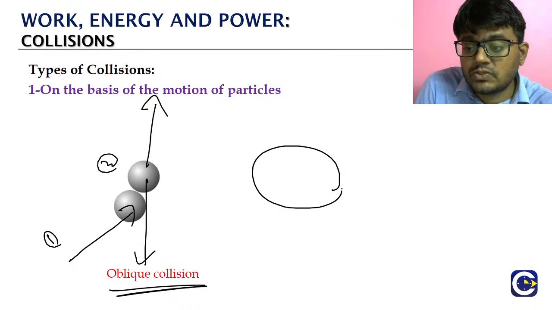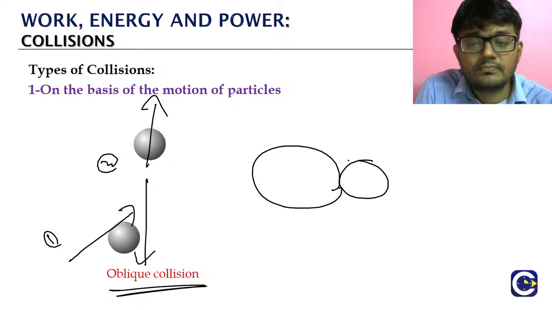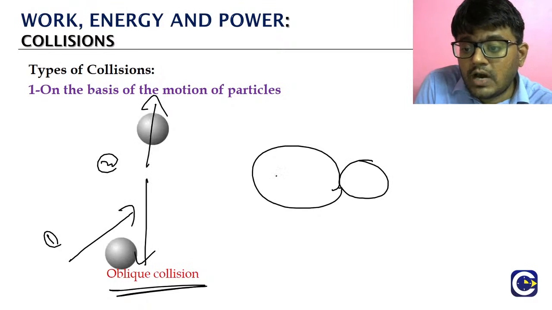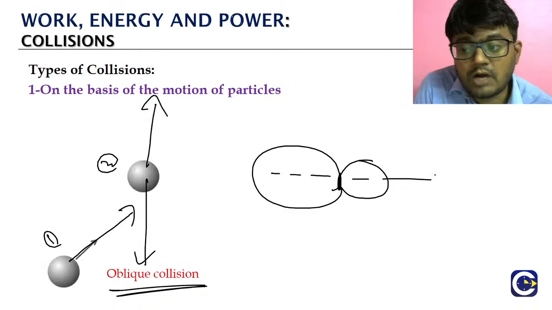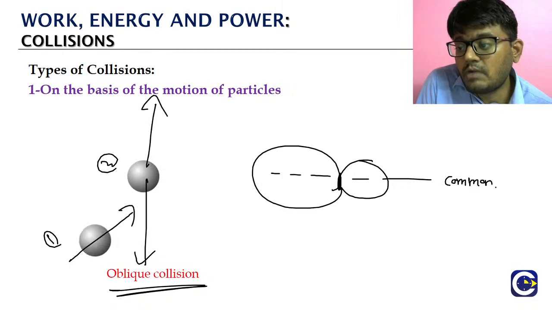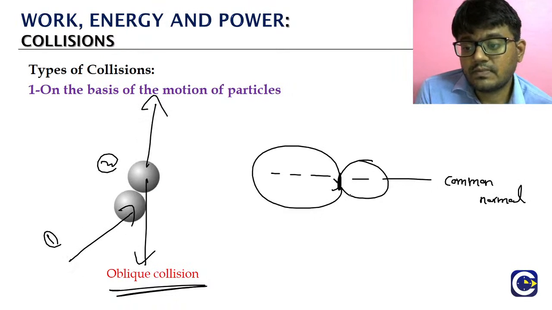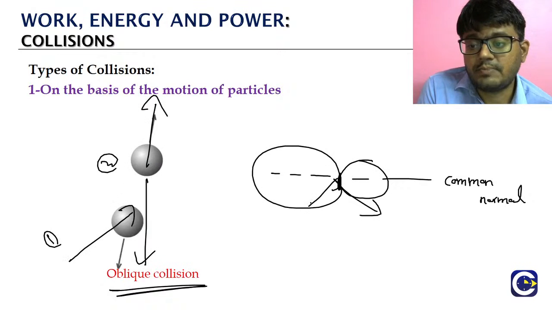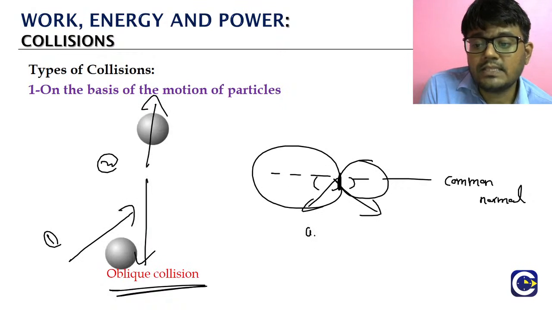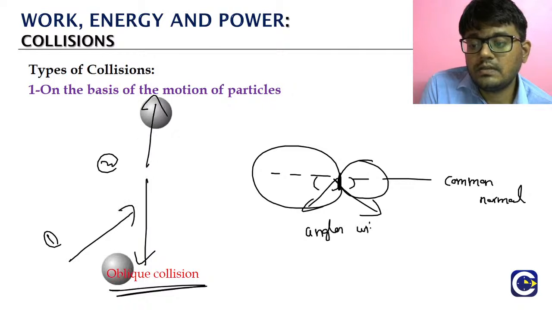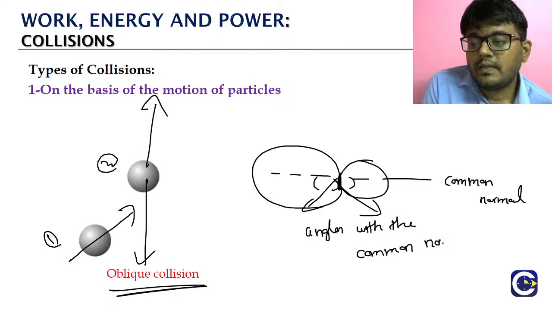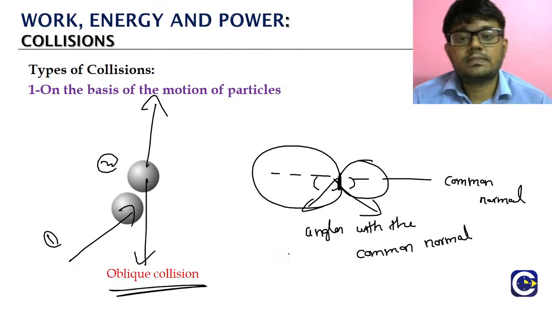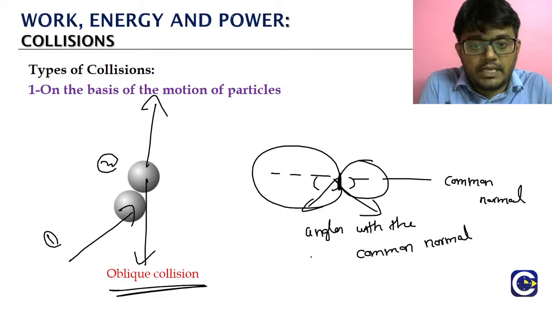There is also a reason why we call it an oblique collision. We have two objects colliding. Now we draw the normal line for the contact surface, the common normal. The velocities of the particles before the collision will be making some angles with the common normal. In case of head-on, the velocities will be along the common normal line.